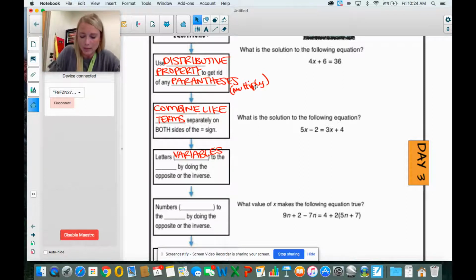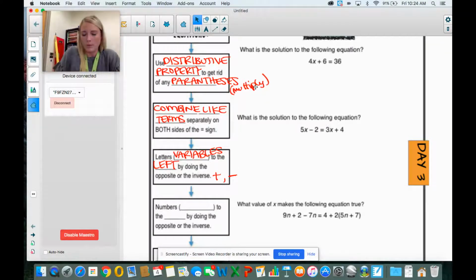We're going to say letters to the left. Now in order to do this without changing the equation, I have to do the inverse or the opposite. So I have to either add or subtract, and we'll go into more detail with that. But we're going to go letters to the left.